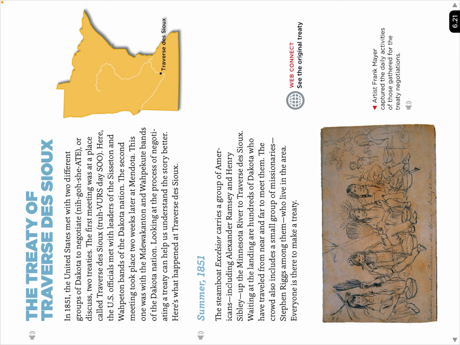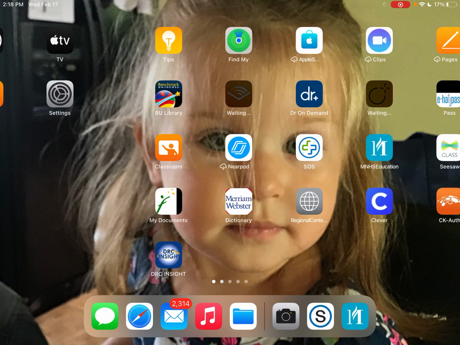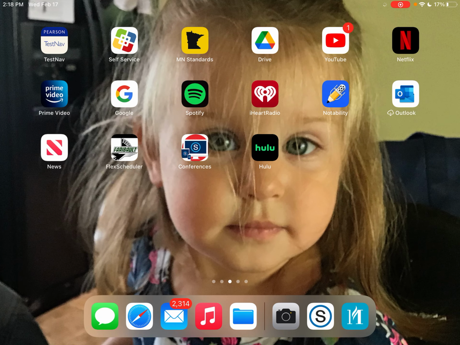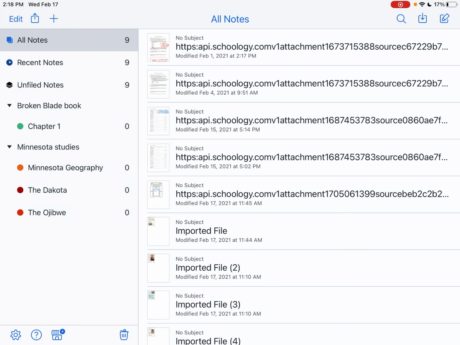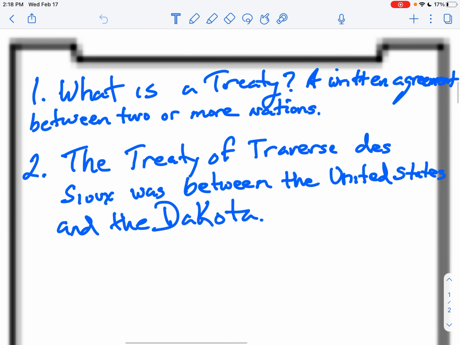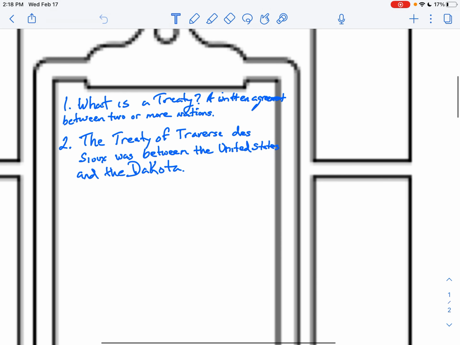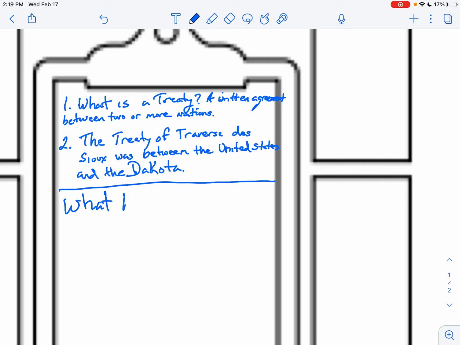And then remember, I'm doing this with you right now, and we're putting our information on Notability on that one-pager that we started, right? Here's what we got so far. Now, what we're going to do is just draw a little line. What happened at the treaty of Traverse des Sioux?